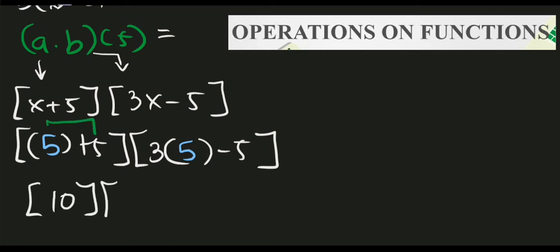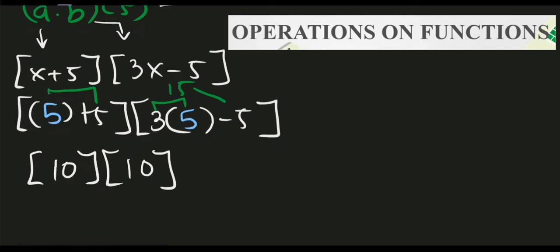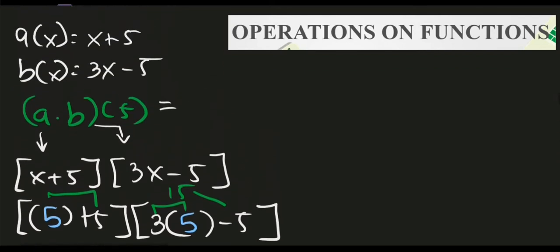We have 10 times, and 3 times 5 is equal to 15, and 15 minus 5 is equal to 10. Therefore, for the final expression, we have 10 times 10. So the answer for this given problem is simply 100. Therefore, a times b of 5 is equal to 100, and that is our final answer for this given problem.